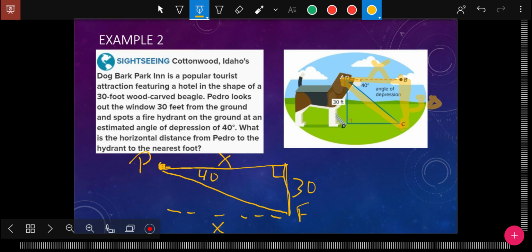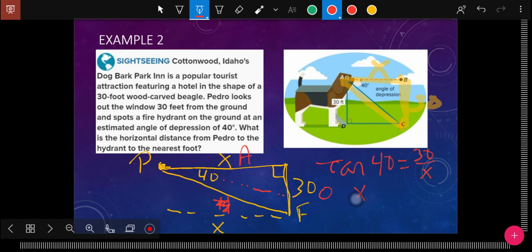And so I have to figure out TOA. Which one is it? Well, this side here is my H. All the way opposite is the opposite, and right next to it is the adjacent. Again, not using the H because there's nothing there. I'm using the O and the A, and just like we just did, this is tangent of 40 equals 30 over x.